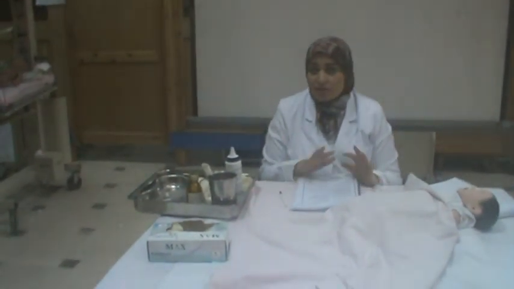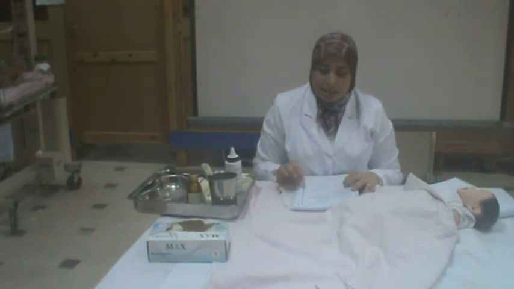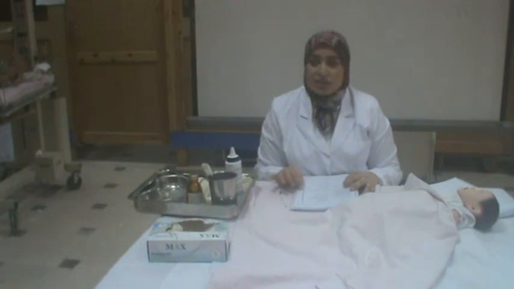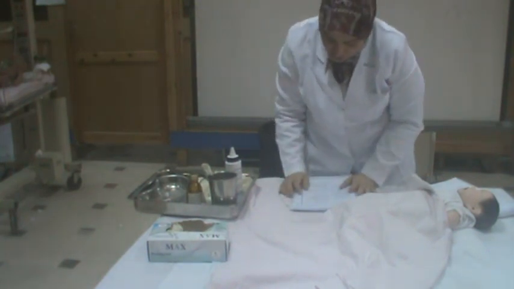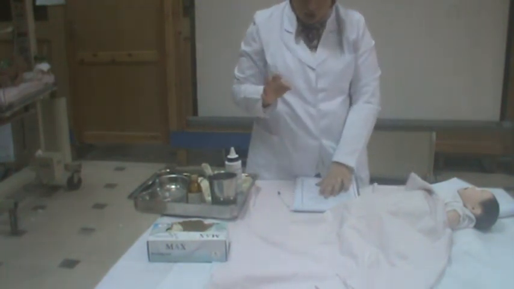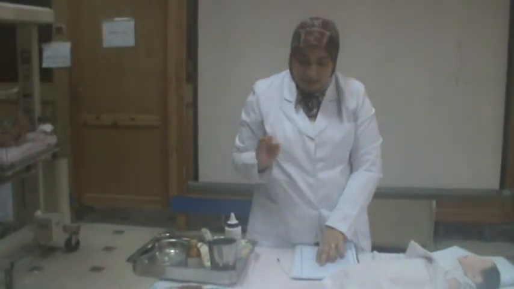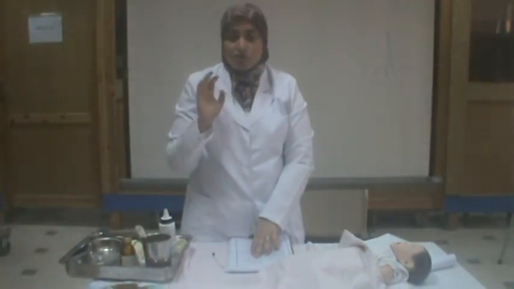Check the 10 rights of medication administration to avoid medication errors, and position the child in a left lateral position with the right leg flexed or in the knee chest position. According to the developmental stage of the child, either of these positions exposes the anus and helps relax the external sphincter for ease of insertion.